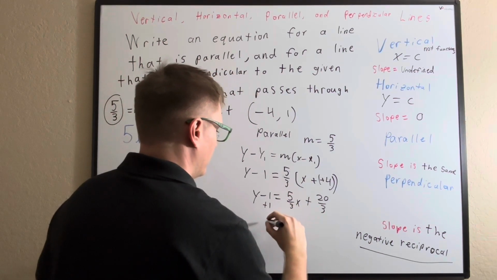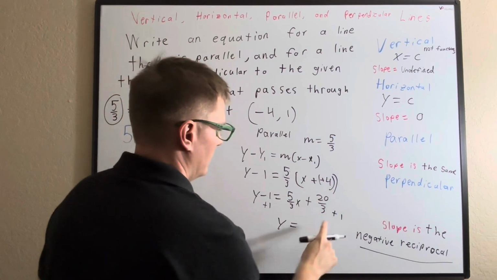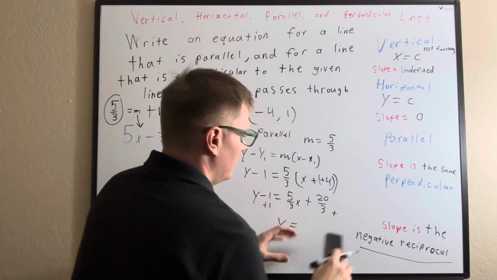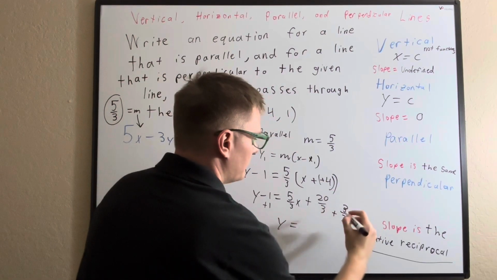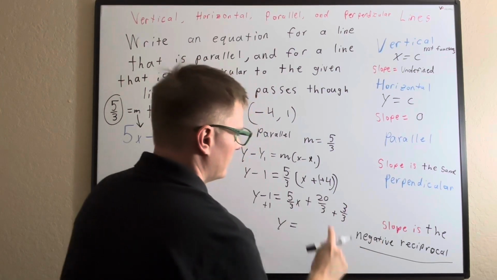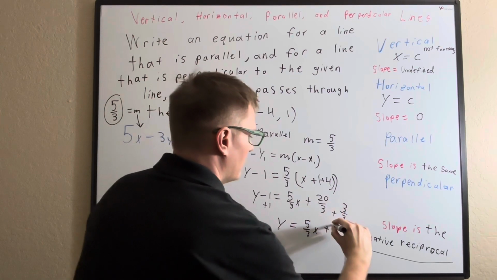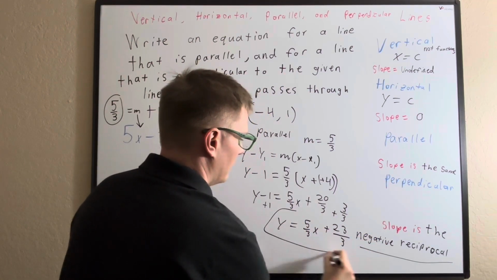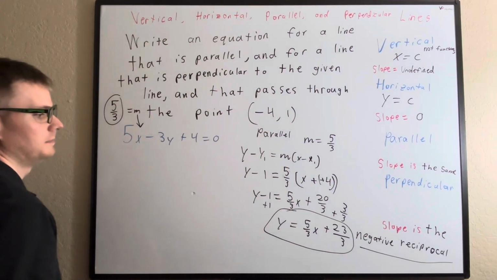Plus 1, y equals 20/3 plus 1. Well, 1 is the same as 3/3, right? Got to have that common denominator. 3/3, so 20 plus 3 is 23. So that is half our answer. We got the parallel line that they wanted.